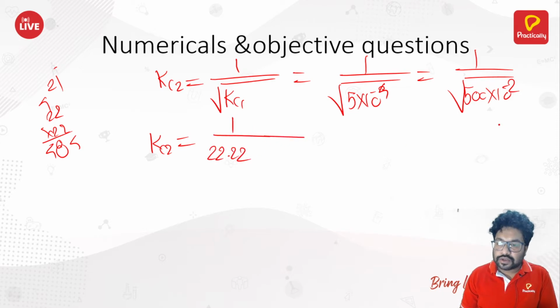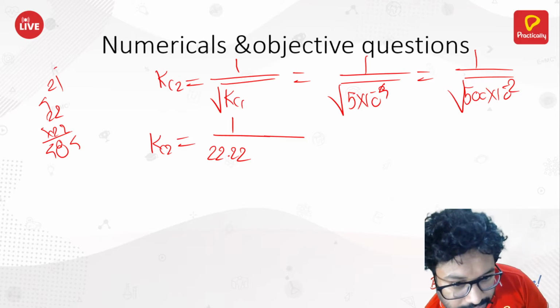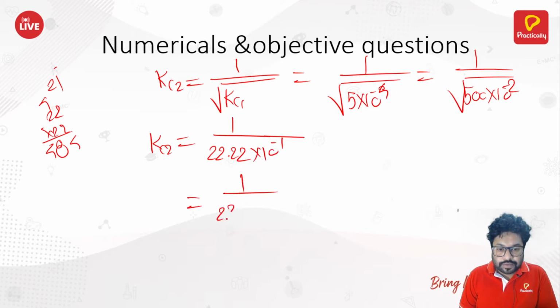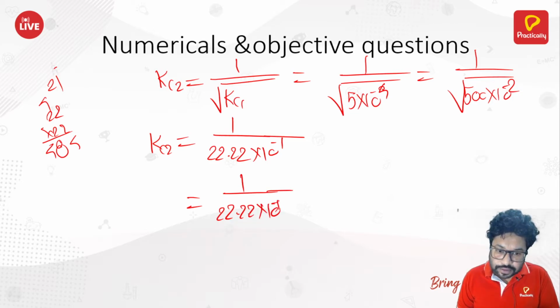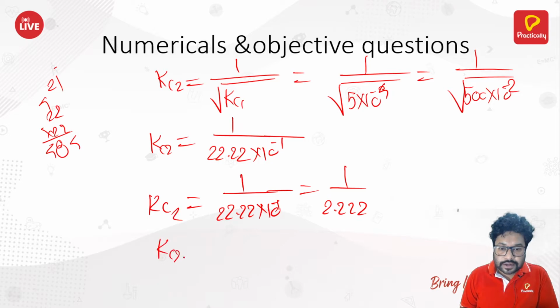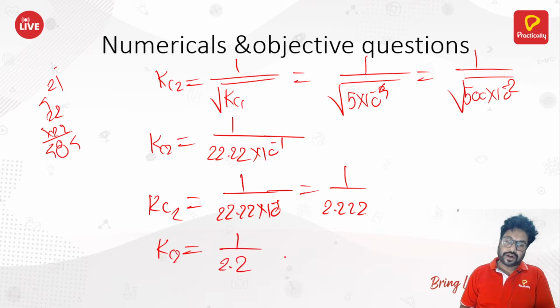And 10 raised to minus 2. Square root of 10 raised to minus 2 becomes 10 raised to minus 1, right? So 1 divided by 22.22 into 10 raised to minus 1 becomes 1 divided by 2.222. That is your Kc2. So Kc2 basically you can take as 1 divided by 2.2, right?